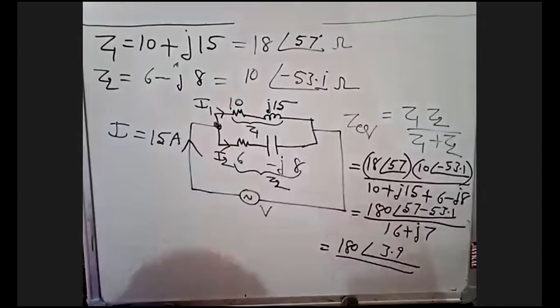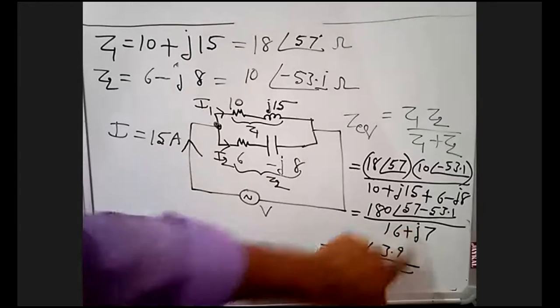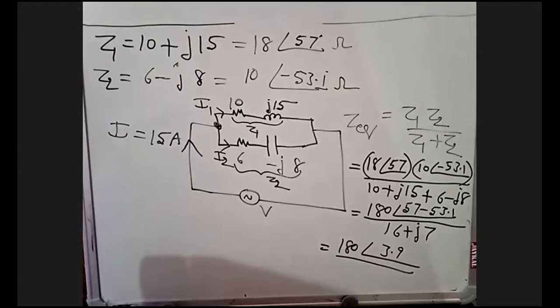Convert the denominator to polar form, because the numerator is in polar form. POL 16, 7. We get 17 at an angle 23.6.